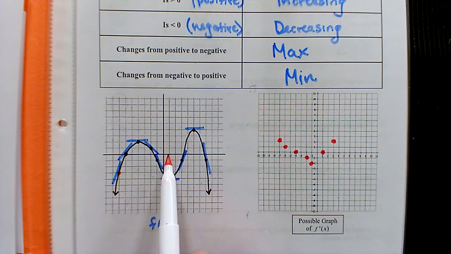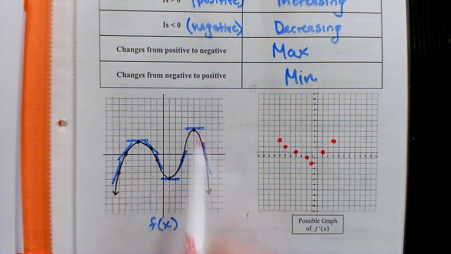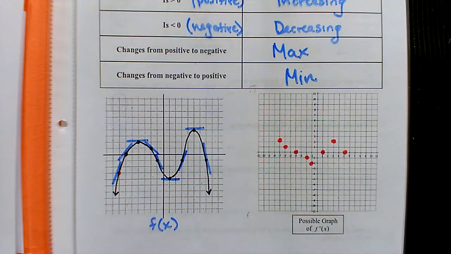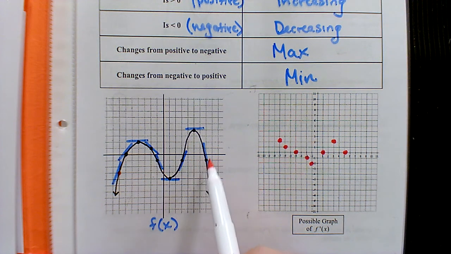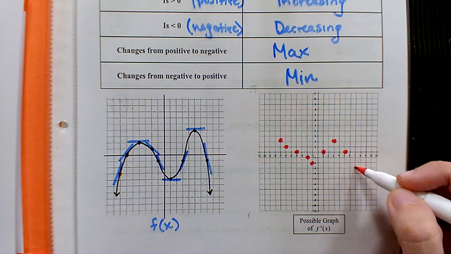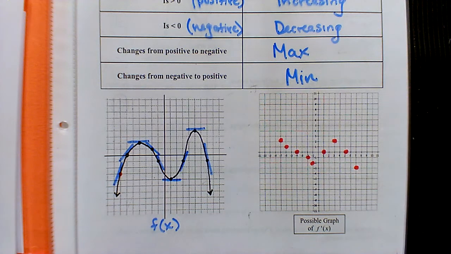Let's see, our next location, 1, 2, 3, 4, 5, we have a maximum. So we know that's going to be a slope of 0, horizontal tangent. And our last one at 7, maybe -3, about. Can we get those points, roughly?